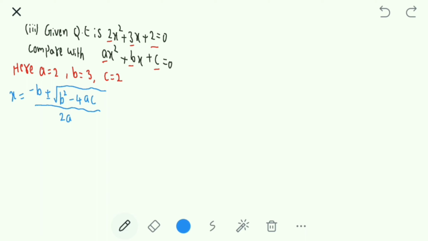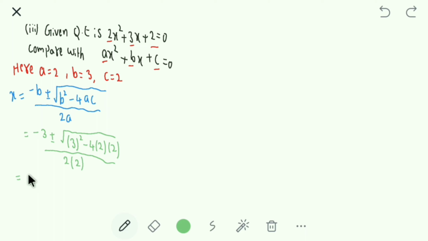So we have to substitute a, b, c values here. This is equal to minus b value here 3 plus or minus under root of, so here b square, b value is given 3, so 3 square minus 4ac, minus 4, a is 2 and c is also 2, divided by 2a. 2a is here 2.